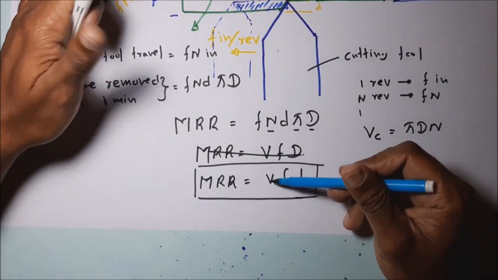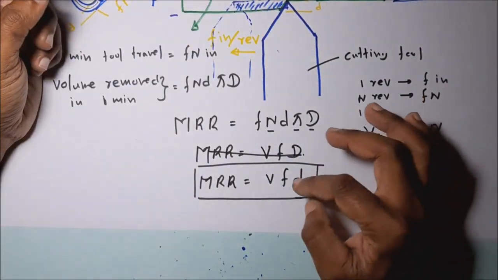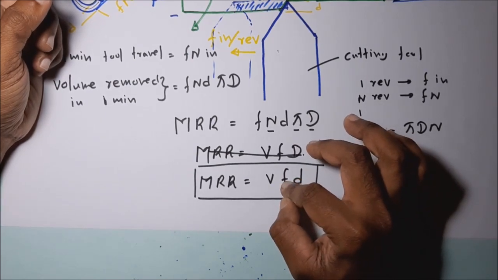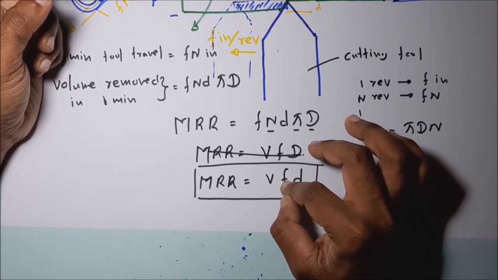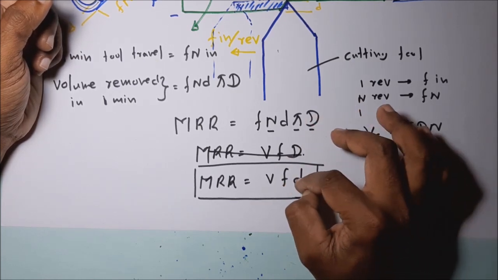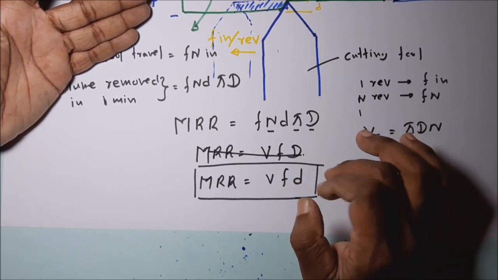V means the cutting velocity. F means the feed rate. It's not speed, it's a rate. D is the depth of cut.